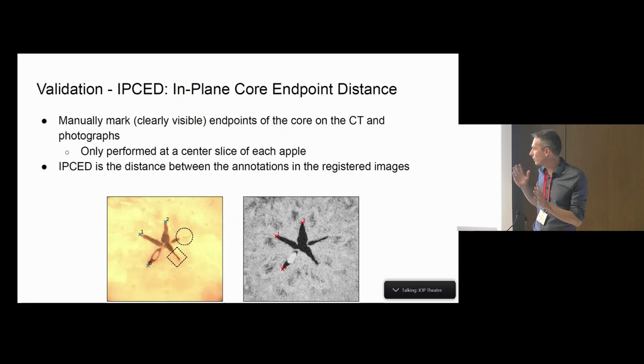If I thought they may be hard to classify because either there wasn't a clear endpoint or the core was pretty thin, I just didn't annotate it. Then later I had the CT slice viewed side by side and annotated the corresponding points. And I used that to take the average core endpoint error within this registration plane.